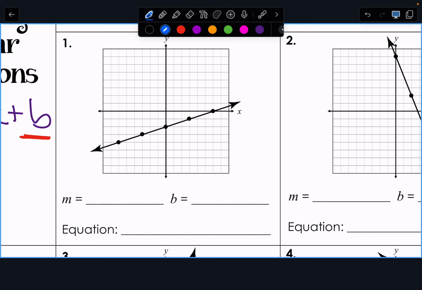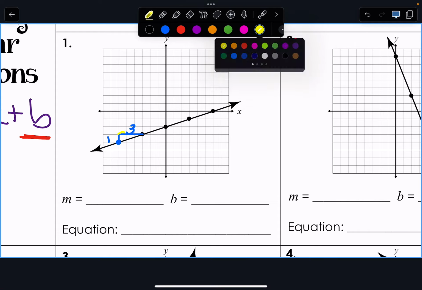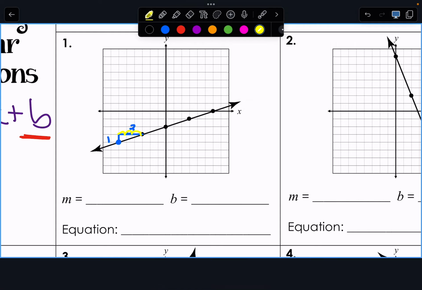Now, I'm just going to pick a random coordinate here. How far do I have to rise? 1. How far do I have to run? 3. 1, 2, 3. Right? Okay. So our slope is 1/3.